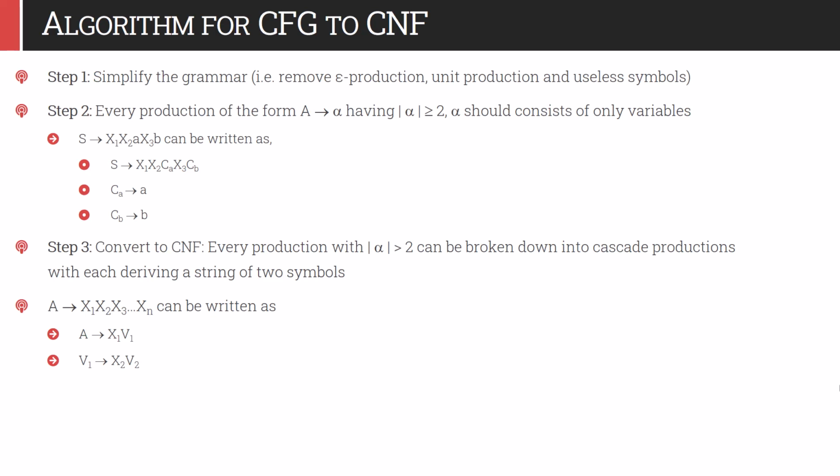So again we need to define V2. V2 represents X3 X4 X5 up to Xn. So V2 would be X3 V3. Again we are replacing the latter entire string by some non-terminal Vi. And if we go on, then at the last step, we will have a production of the form V(n-1) gives X(n-1) Xn. So you see that all these productions have exactly two non-terminals on the right hand side. This we have to do only when the length of alpha is greater than 2. If it is less than or equal to 2, we don't have to worry about it.